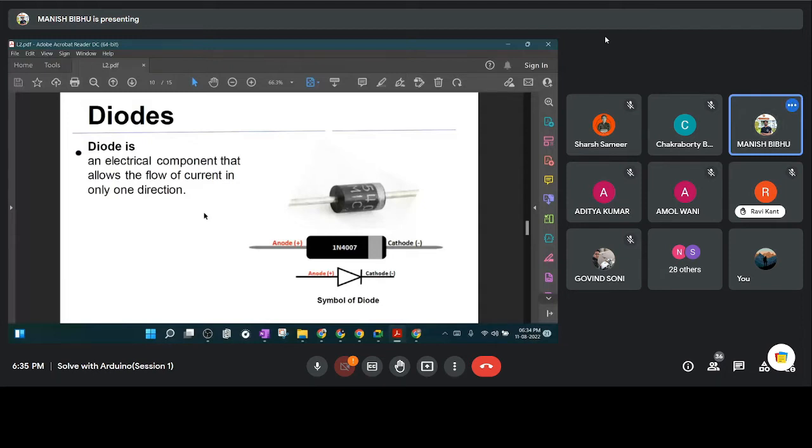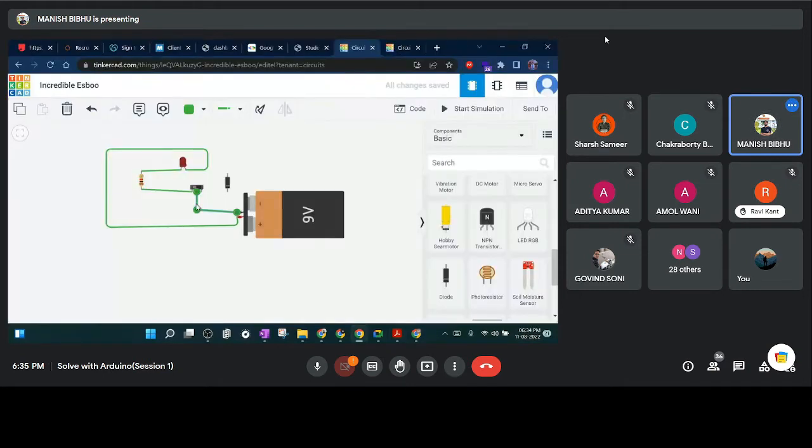If we connect the cathode to negative, now see, it is working, because I have connected the cathode to the negative and the anode to the positive. So the circuit is operating, and if we interchange the position of the diode, then it will not work.